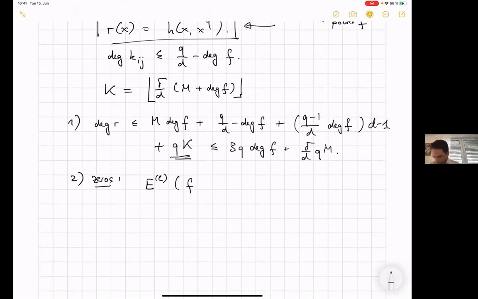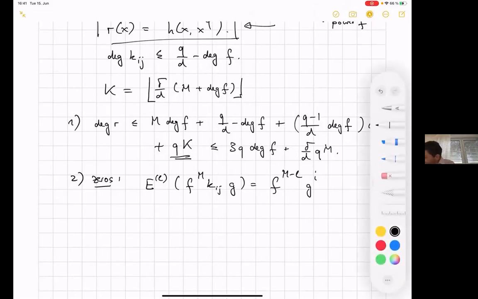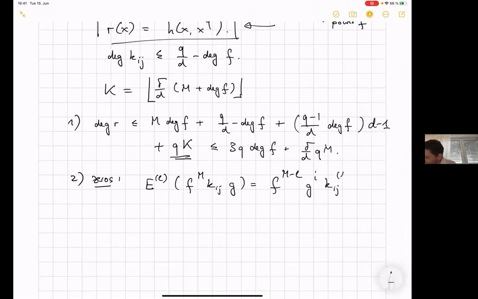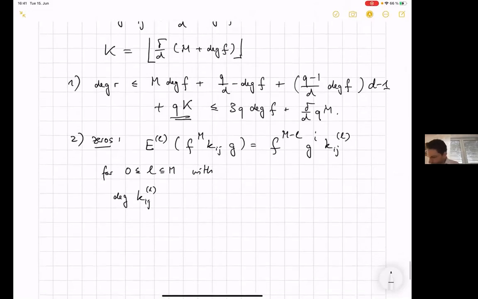So in particular, we see that the l-th Hasse derivative of F to the power m times Kij times G is something like F to the m minus l, G of i, these are just other powers of F, times something else, Kij l, say, some other polynomial for 0 less than l less than m, where the Kij's have controlled degree, and it's easy to see that this is bounded by q over d plus l minus 1 degree of F minus l.